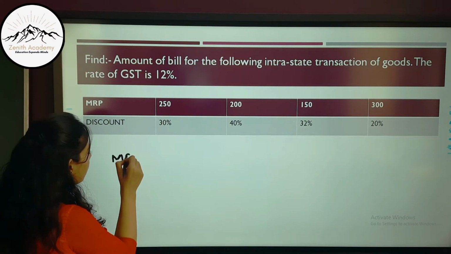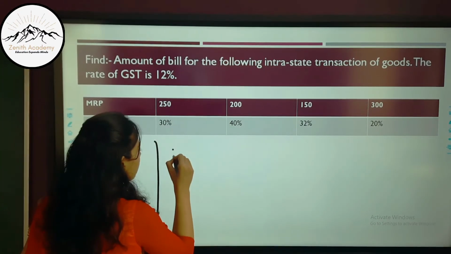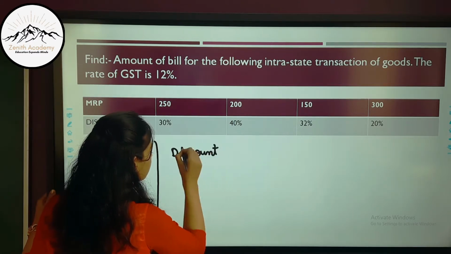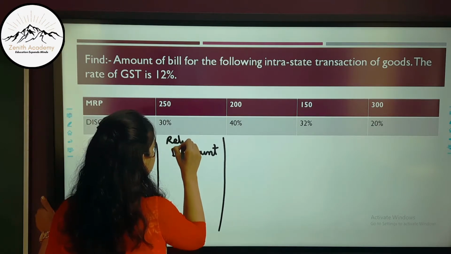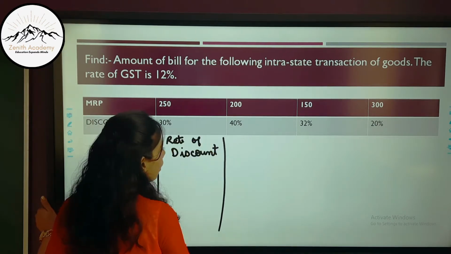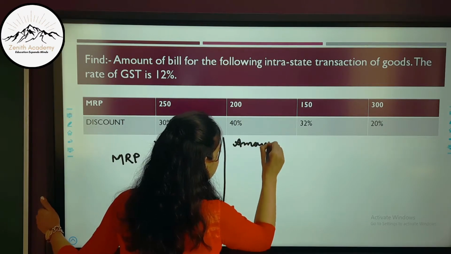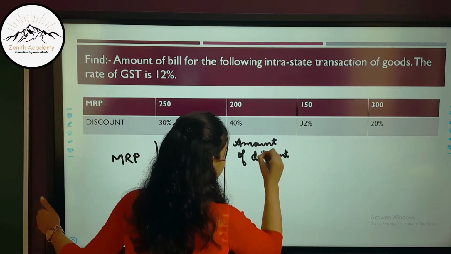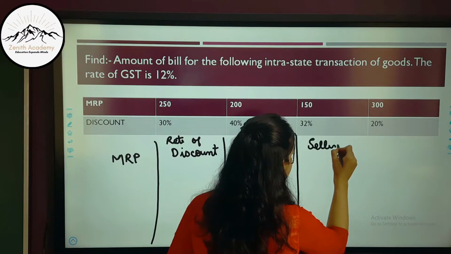See, I make a table: MRP, discount, this is rate of discount, so this is amount of discount, and then we will have selling price.